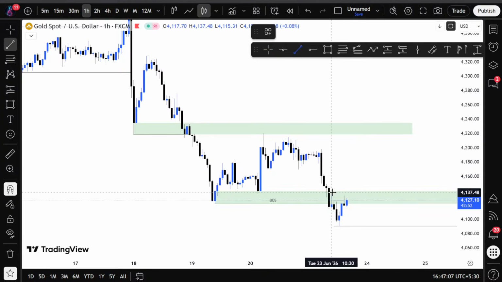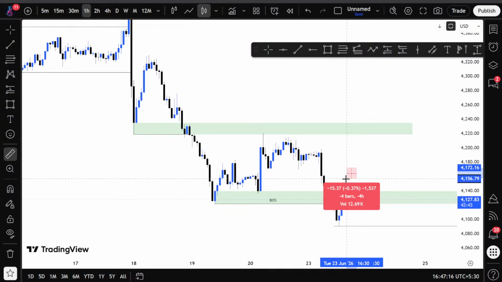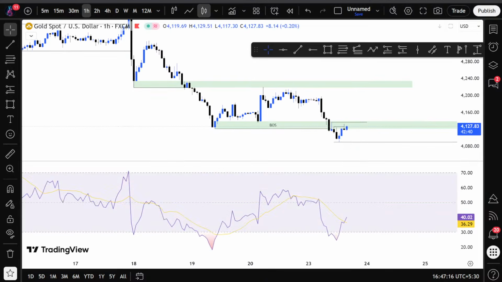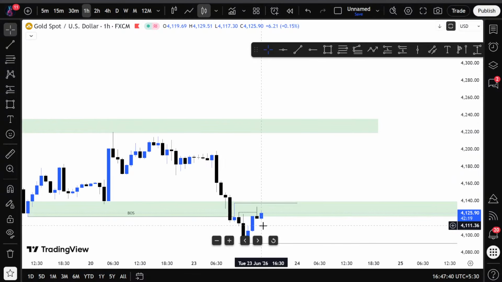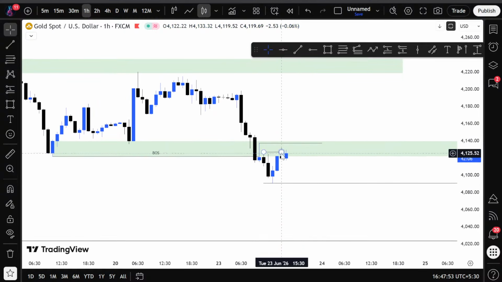We need a sweep of this high for the short momentum to continue.